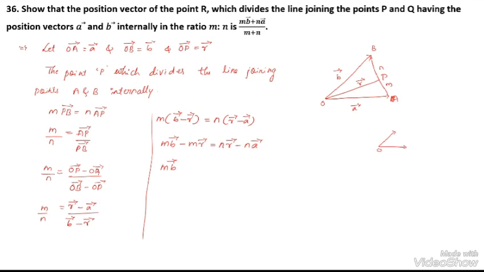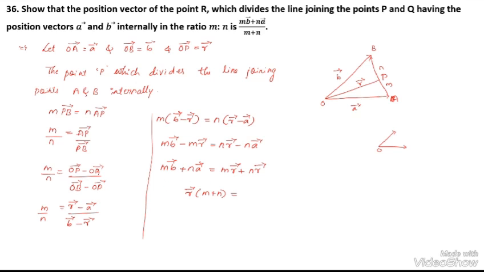While taking the minus here, it becomes plus n into vector a. That is, taking minus m into position vector r on this side, it becomes plus n into r vector. We want the r vector, so I can take it common. It becomes m plus n.